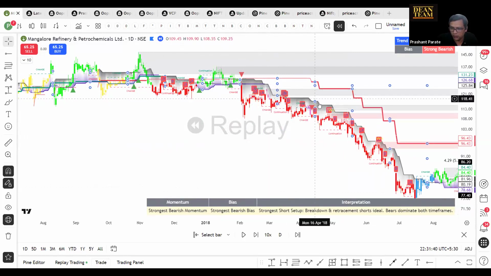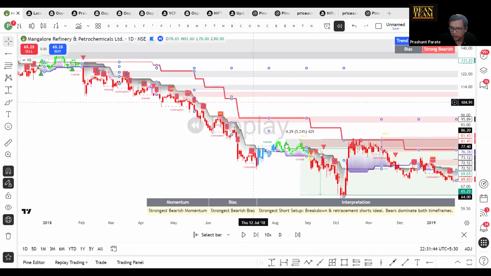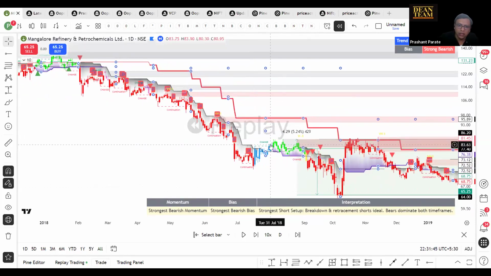If you take any of these trades, like sell at 116 and exit at 83, are you making a loss or making a profit? If you sell at a higher level and buy later at a lower level, this is profit. This is possible when we take a trade in futures or options.